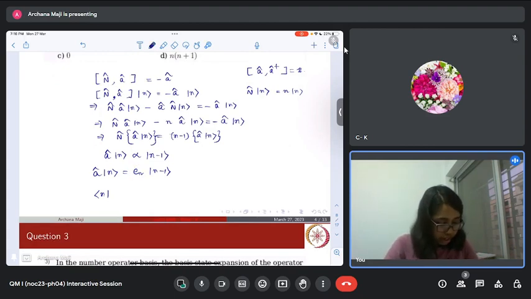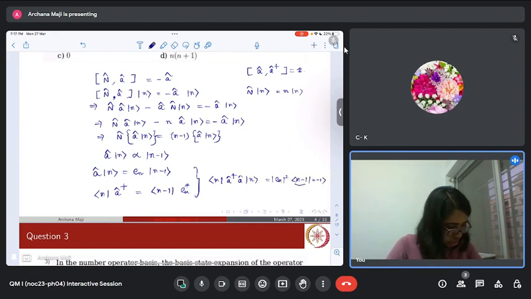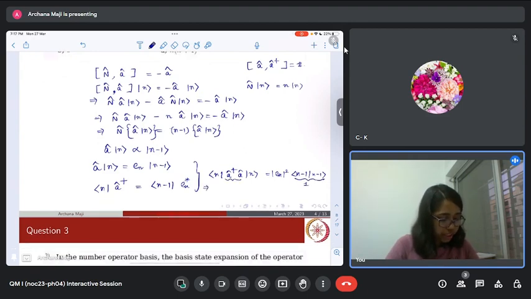If we take the conjugate of that equation, we get bra n minus 1 En star, and then take the inner product of these two equations. That will give us A dagger A, which is mod of En square times the inner product of n minus 1 with n minus 1. Now this is identity, and this is your number operator. So the number operator acting on ket n will give you n. So on the left hand side you have n, and the right hand side is mod of En square.